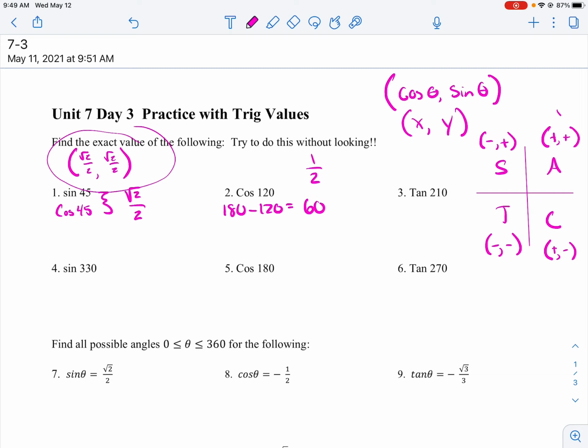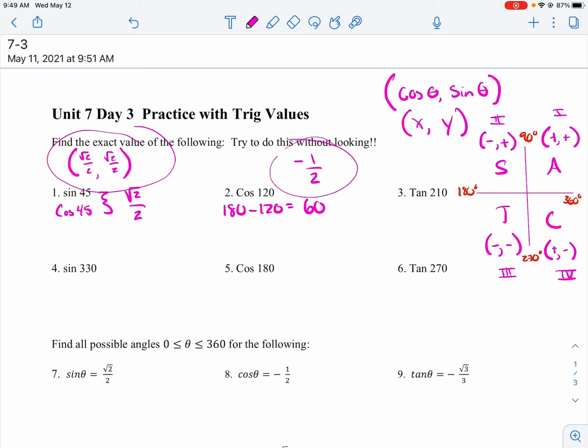This is quadrant 1, quadrant 2, quadrant 3, and quadrant 4. Because we're at 120 degrees, we're just past 90. So there's 90 degrees, 180 degrees, 270 degrees, and back around 360. Because we're in the second quadrant, our sine value is positive, which means our cosine is negative.